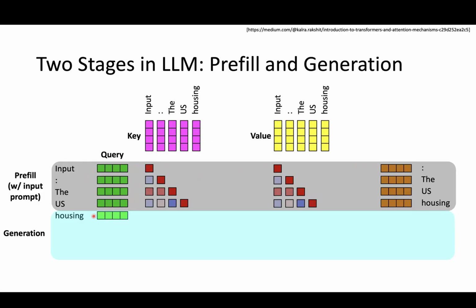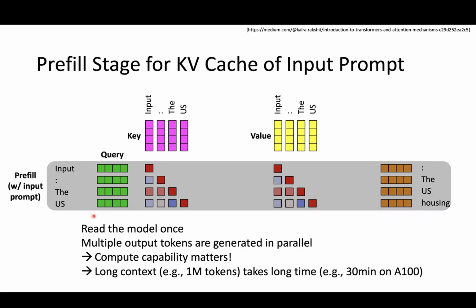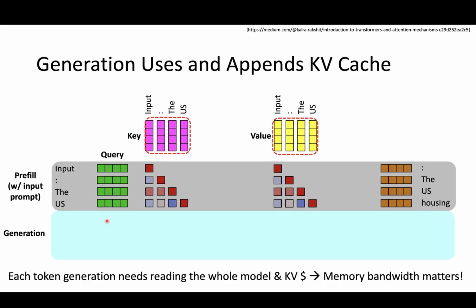However, in the case of generation, we return to the original behavior of matrix-vector dominated computation. So again, in the case of prefill, we do large matrix multiplication, but in the case of generation, matrix-vector multiplication.